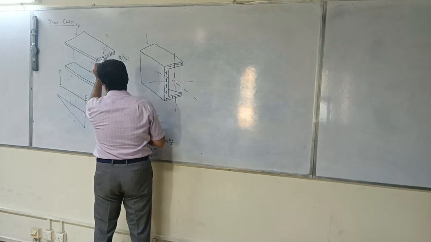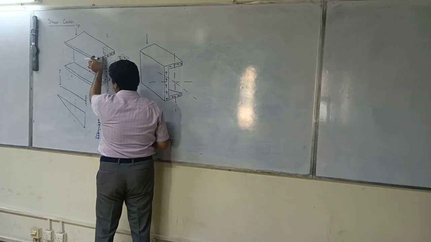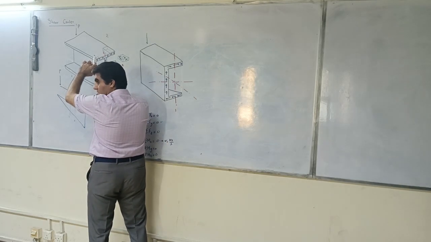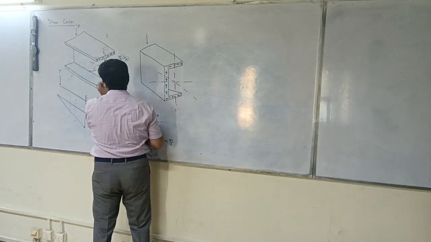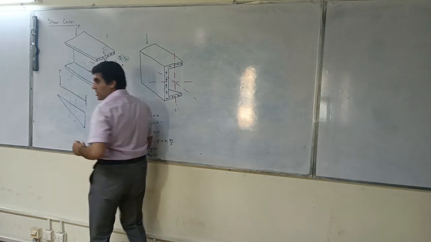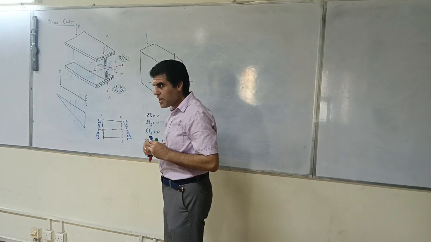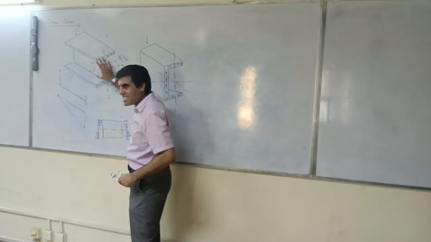Look at this one. This will have a resultant force and this will have a resultant force. These both cause a couple, and that couple moment is resisted by the couple moment in this direction. So that is satisfied. Agreed? Yes? So the summation of moment about the z-axis is satisfied.